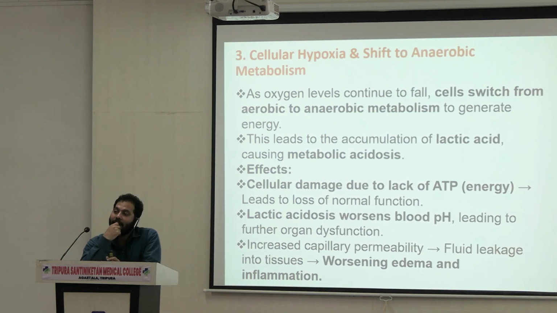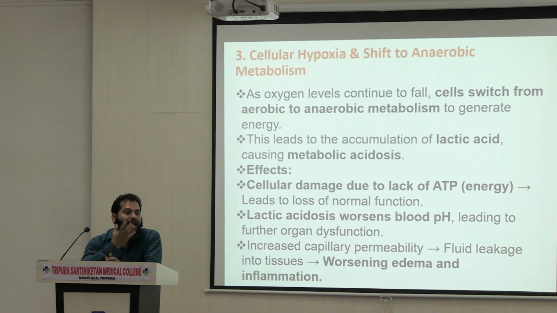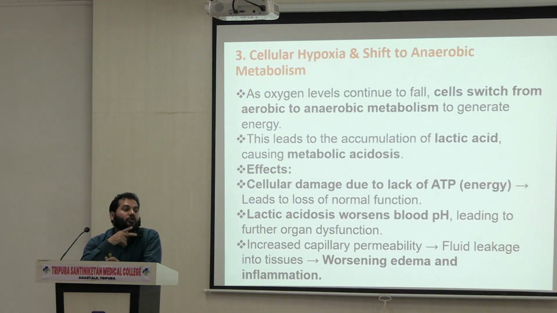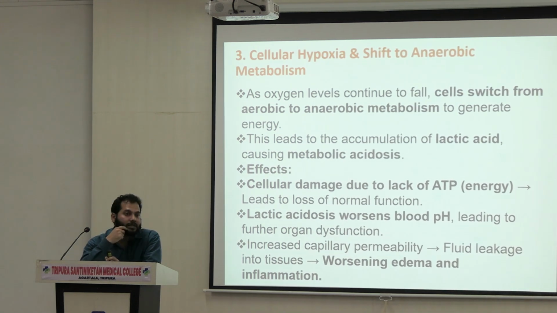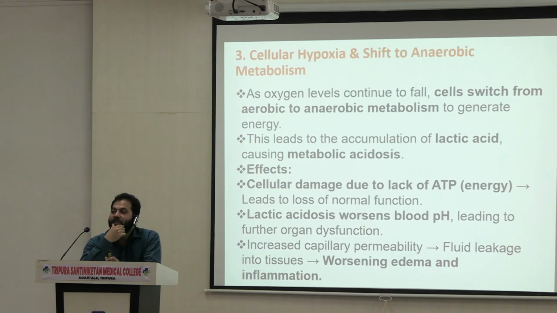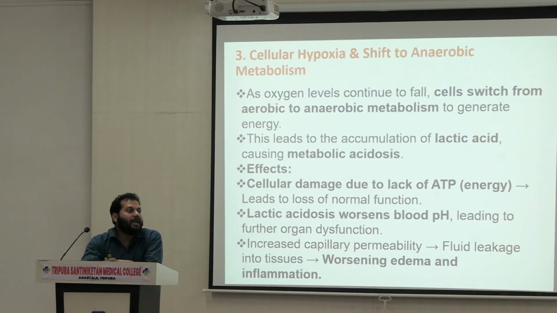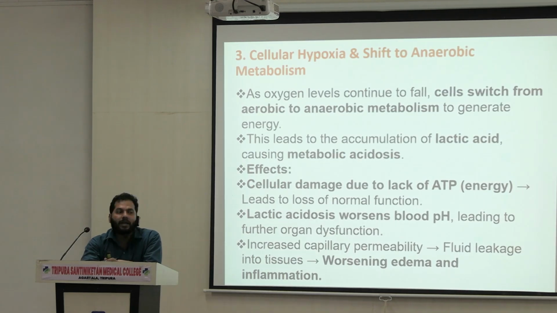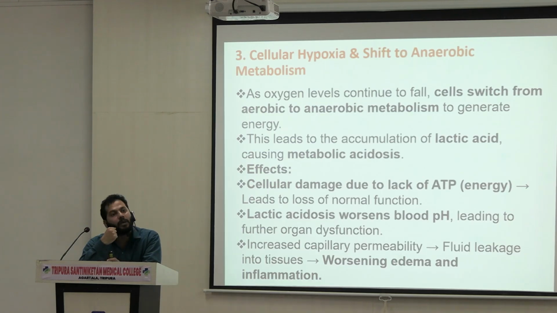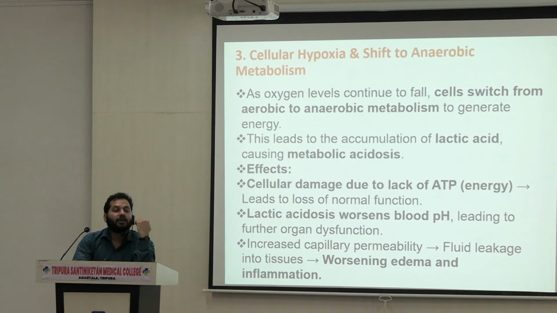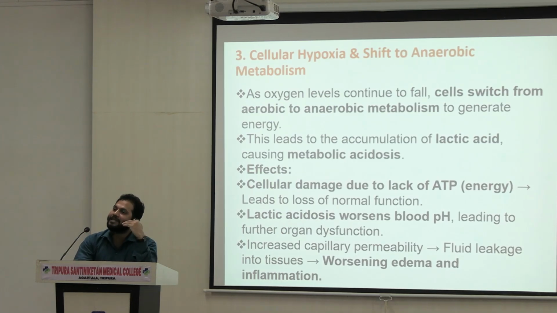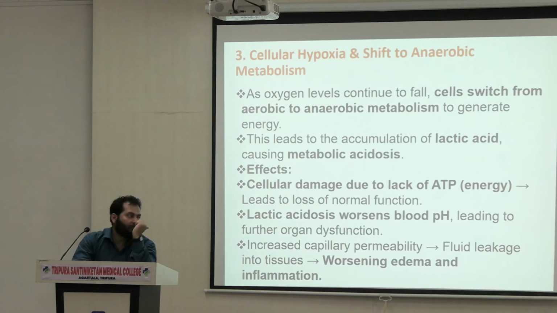So if there is less availability of oxygen, cells will undergo anaerobic respiration. Anaerobic respiration ultimately leads to the production of some acids called lactic acid, and ultimately leads to the development of metabolic acidosis. So here, like other cases, metabolic acidosis is again another important thing that may develop.